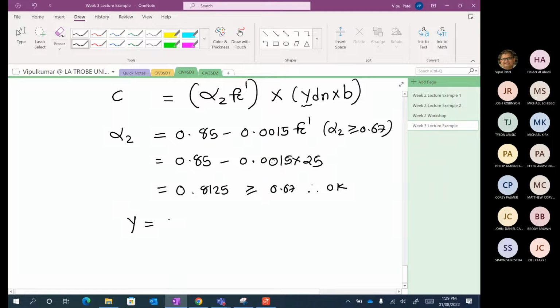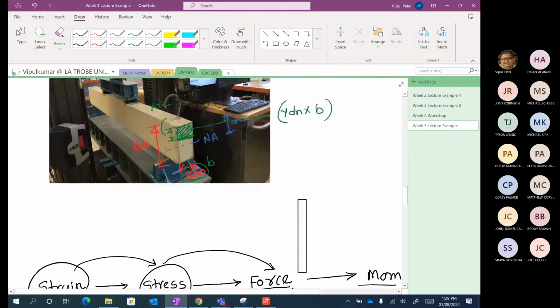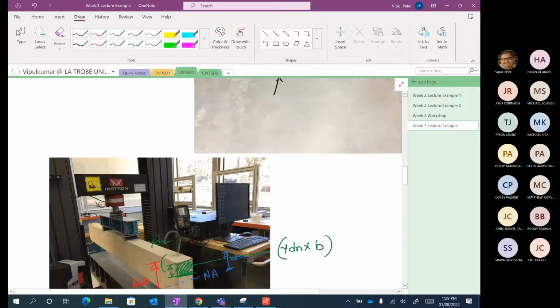Gamma equals 0.97 take away 0.025 f'c, make sure gamma is greater than 0.67. f'c is 25 megapascals, as given in the examples.